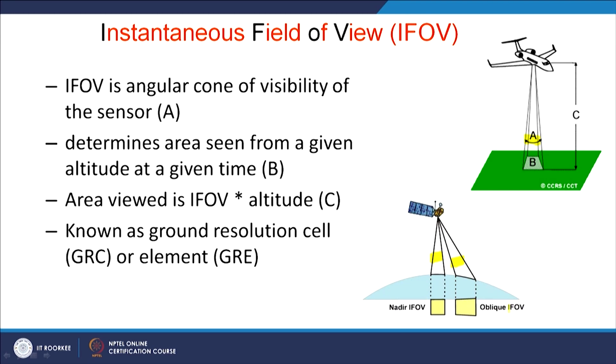Here it is also demonstrated, when you are going for relatively coarser resolution images, then at the nadir, when the sensor is directly looking downward, it acquires a perfectly square area representation in a pixel, whereas in case of oblique direction, when you have IFOV oblique due to the curvature of the earth, as you can see here, though the recording is in a square shaped pixel, the area of the ground which is being covered is not really square or rectangular, but it is a parallelogram kind of situation.